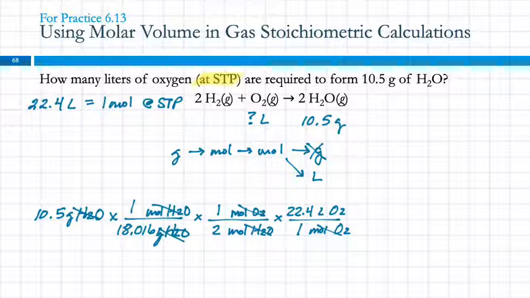Could you use the ideal gas law and calculate that? Sure you could. STP tells me what the temperature and the pressure are, and so I could calculate it. It would take a little longer, but I could get the same answer.